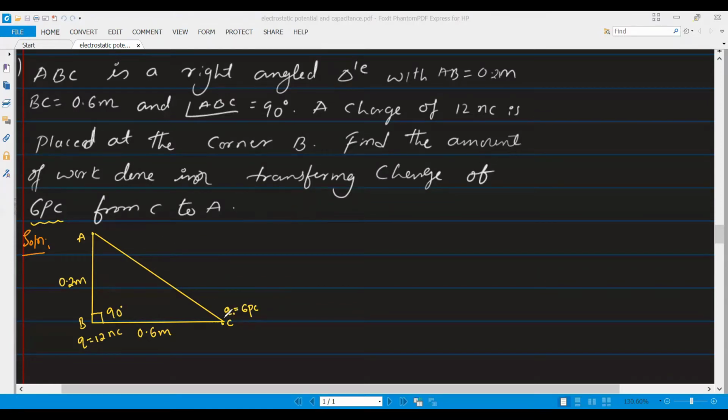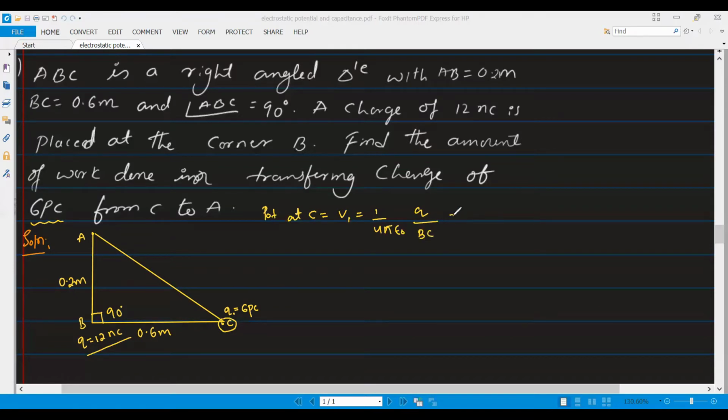First you have to calculate what is the potential at C due to the charge 12 nanocoulomb. First let us calculate potential at C. So potential at C, let us name it V1. This can be written as 1 upon 4 pi epsilon naught Q divided by the distance, that is BC.